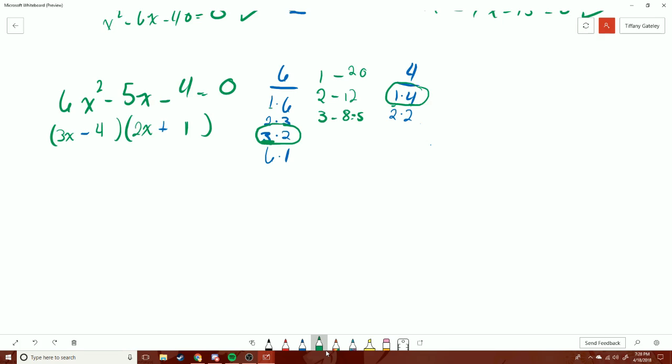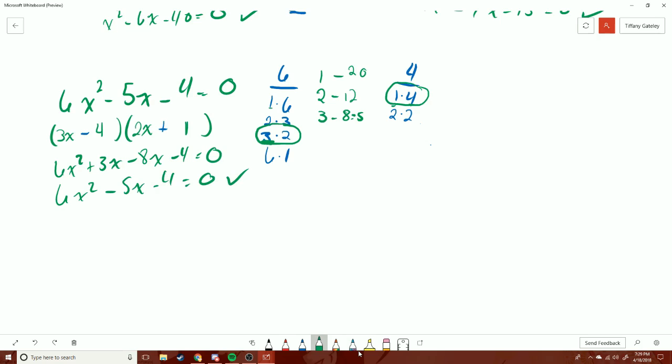So 3 times 2 is 6x squared, plus 3x, minus 4 times 2x is minus 8x, minus 4 equals 0. 6x squared, minus 5x, because 3x minus 8x, minus 4 equals 0, and that checks out.